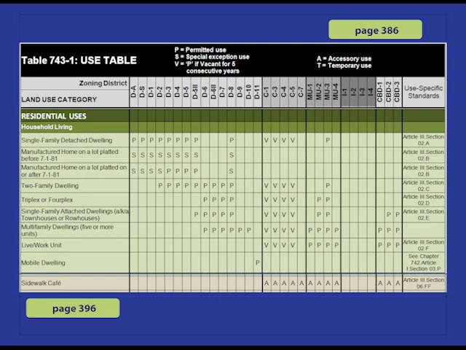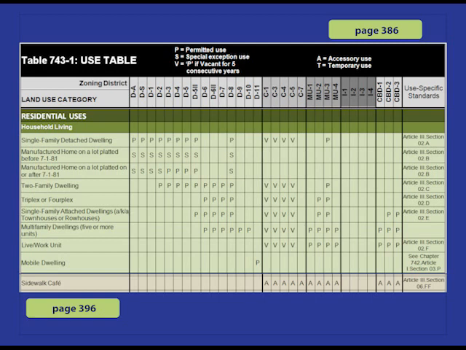At the bottom, separated from there, you'll see secondary dwelling units. That element is found at the end of the use table because it is an accessory use. But as you go across the use table, I want to point out a few key provisions.